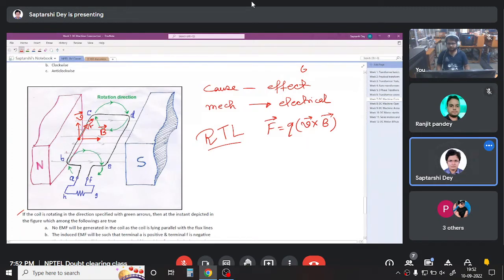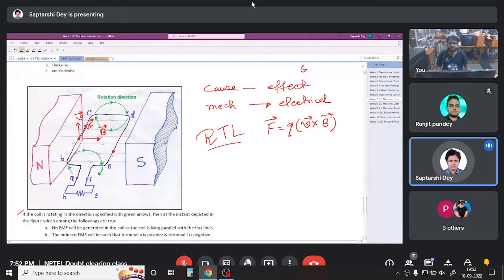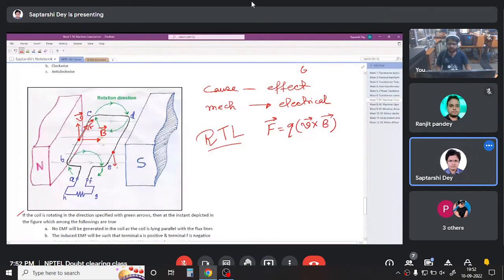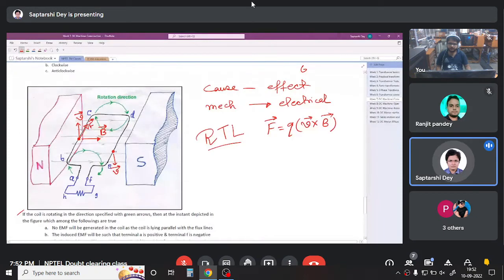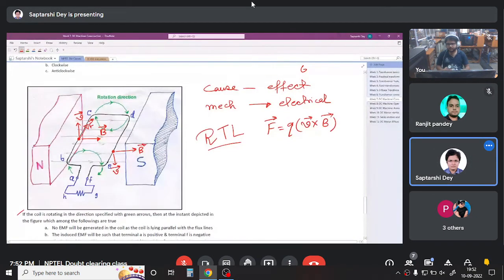Isn't it? Again, let us take another positively charged particle here. It was also sitting here peacefully. Now we have forced it down, going down, and the B was already present. So this is moving towards us.